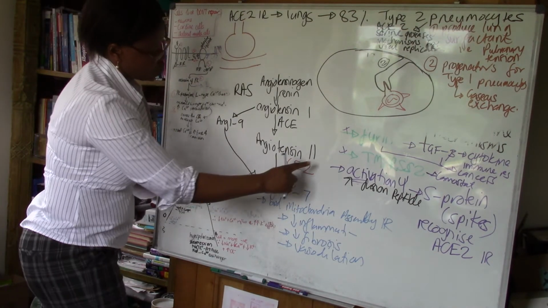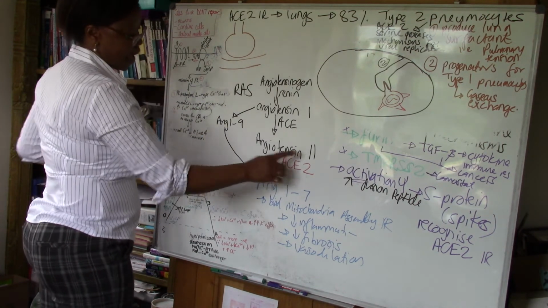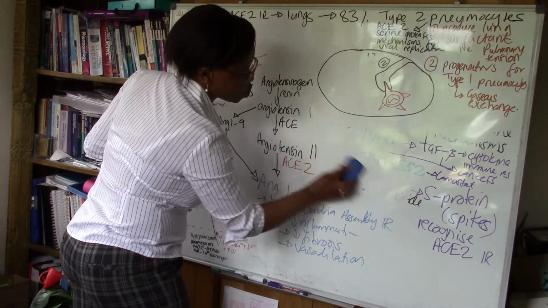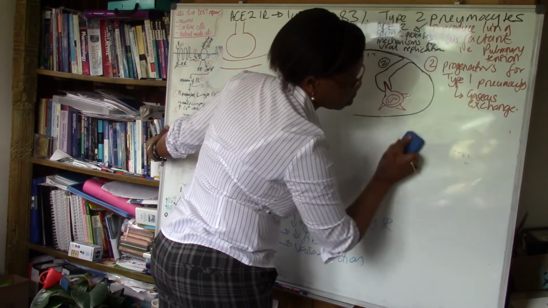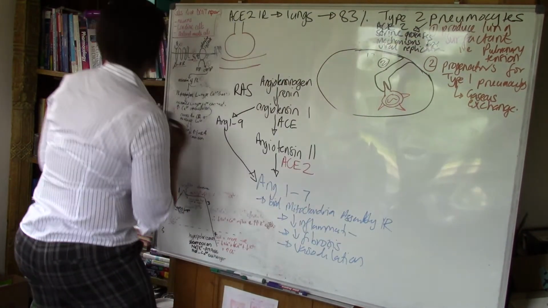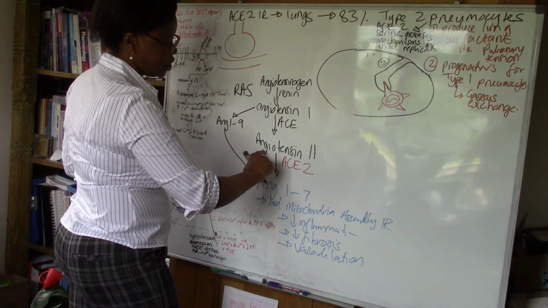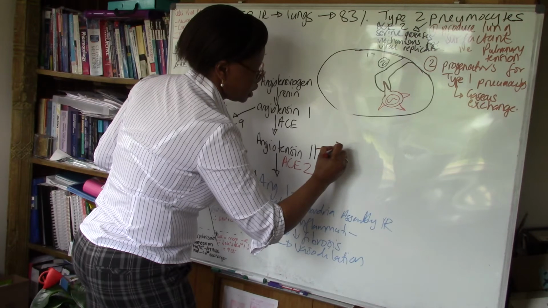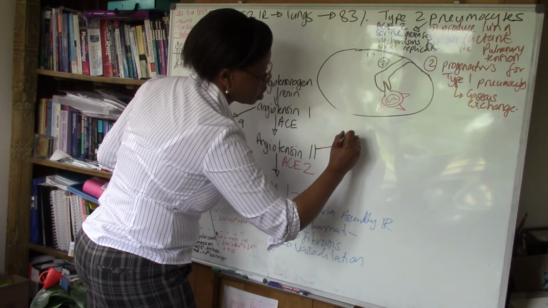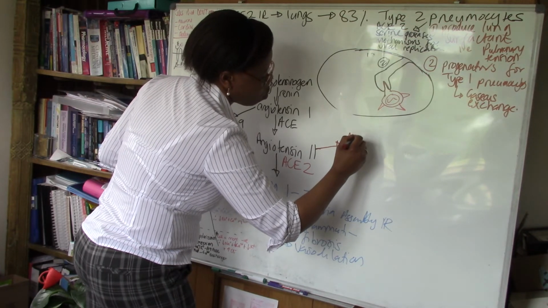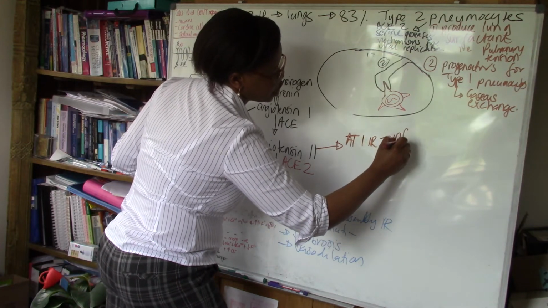Whereas if ACE2 is left there, nothing happens to it. If angiotensin 2 signals, which it can do, it will bind the angiotensin 1 receptors and cause inflammation.